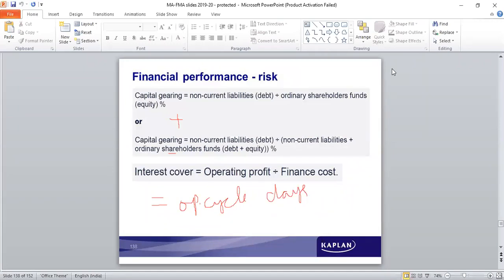Then we've learned about short-term solvency, the short-term position, whether they are sound in the short period of time, whether they are able to meet their current liabilities, because they maintain double the amount of current assets. When the current assets get converted into cash, some cash will be available to meet their current liabilities.